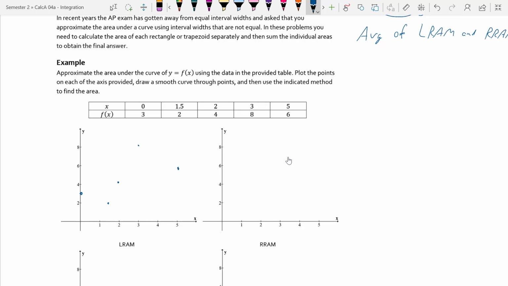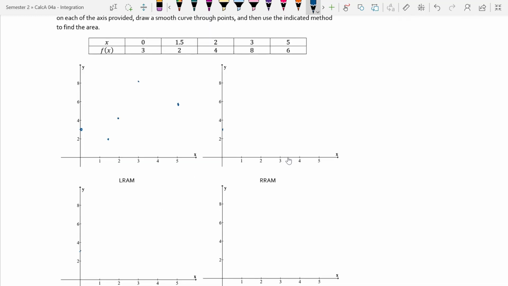So I have the points plotted. I'm going to do the same points on each of these: (0, 3), (1.5, 2), (2, 4), (3, 8), and (5, 6).